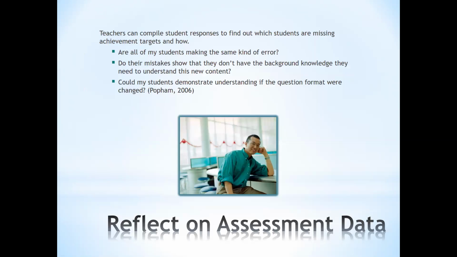It is important to understand that if all of the students are making the same kind of error, or if the majority of students that you are teaching fail in assessment, then it is incumbent upon the teacher to go back and find a different way to engage the student in the material.